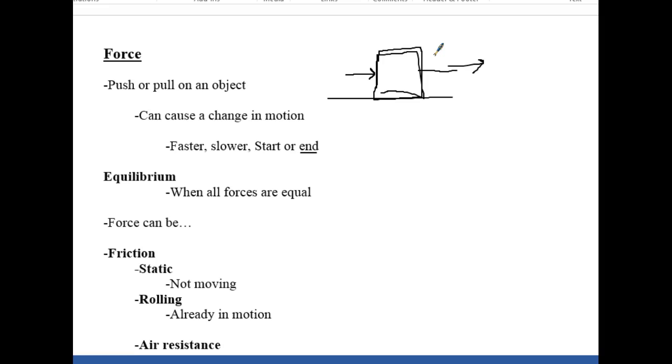Okay? And really, if something is moving, it has something to do with this term right here, equilibrium. And equilibrium, if we go back to this original box where there is no force on it, then we would see that it's really in equilibrium, that all the forces acting on it are equal. If no external force is being applied to it, the only force we have on it is gravity.